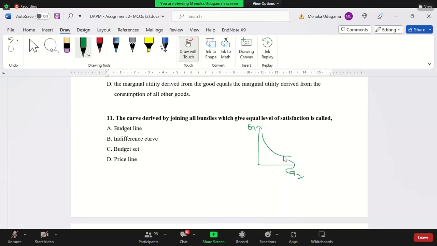Different bundles. It gives the same level of satisfaction. Any answers?